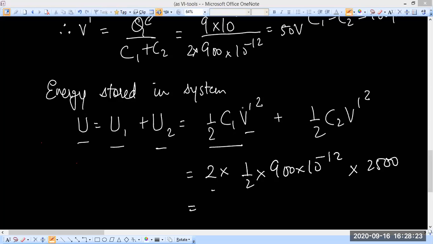Hmm, 225 or 2.25 or something else, right? Any questions of any kind? Does it come to 225 microjoule or 2.25 microjoule?